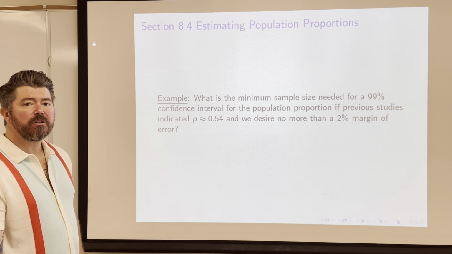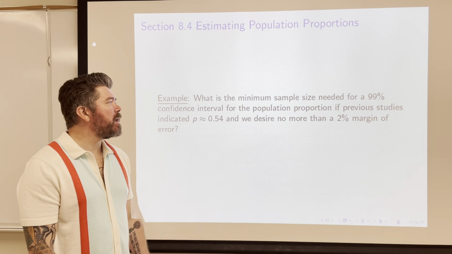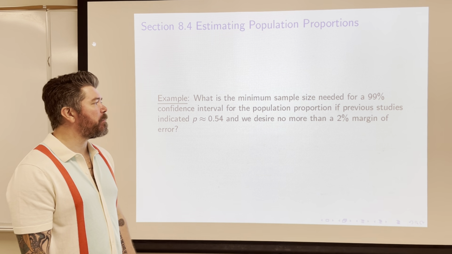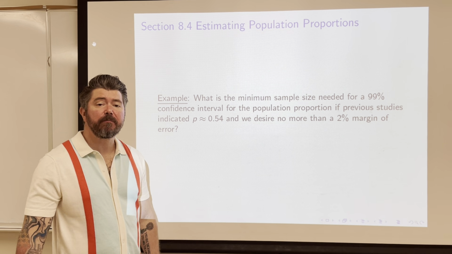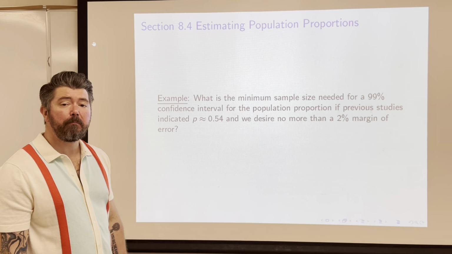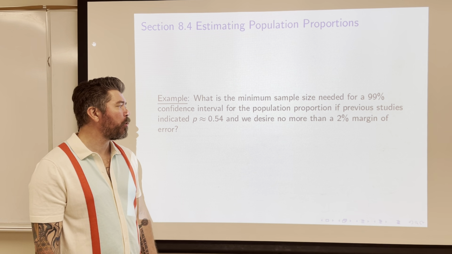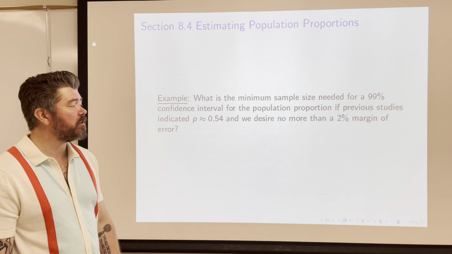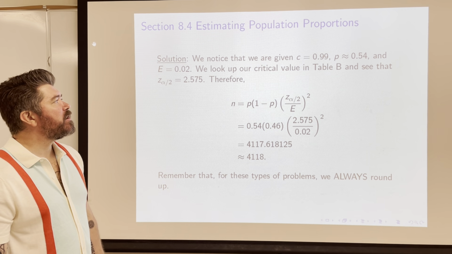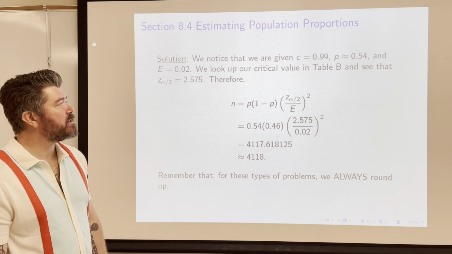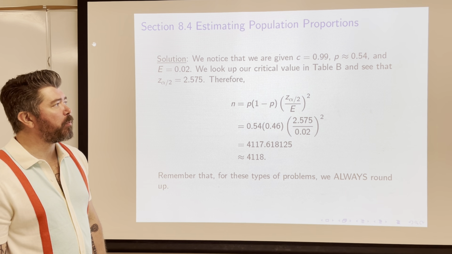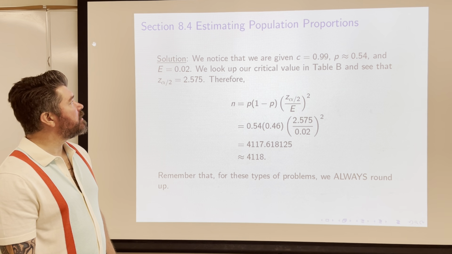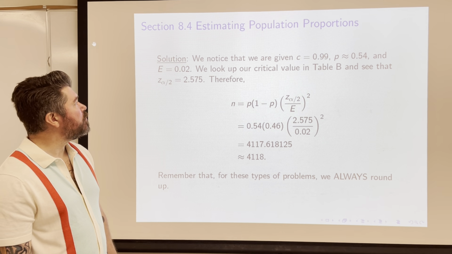So let's look at an example. What is the minimum sample size needed for a 99% confidence interval for the population proportion if previous studies indicated that P was approximately 0.54 and we desire no more than 2% margin of error? We are given the confidence is 99%, the proportion is approximately 0.54, and our error is 2%.